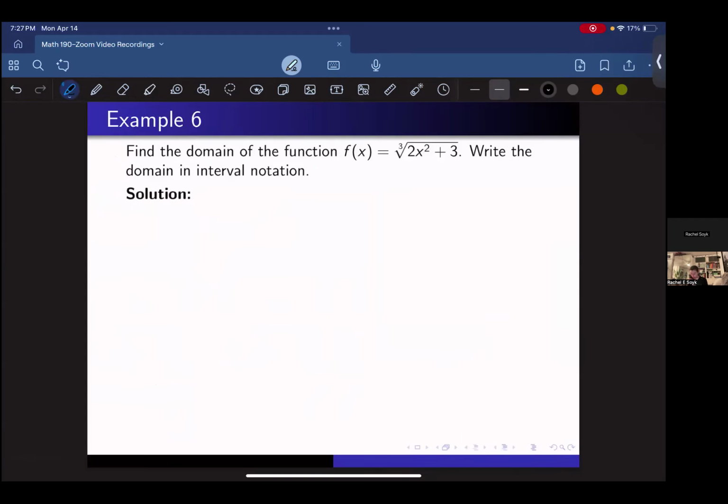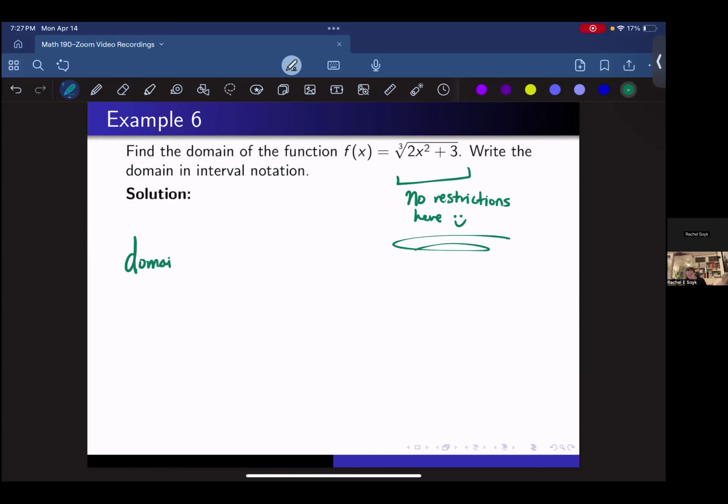Now let's try a cubic function. Cubic functions, easy, especially when there's no fraction, so we don't have to worry about it being undefined in the denominator. We have no restrictions here. Which means, what is our domain? Our domain, simply all real numbers.